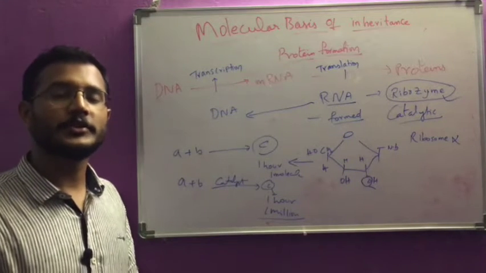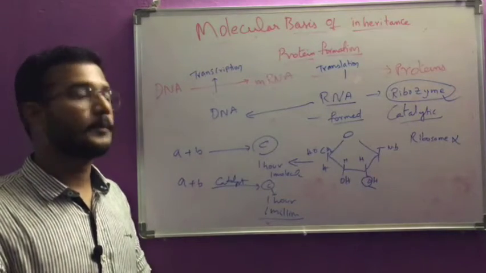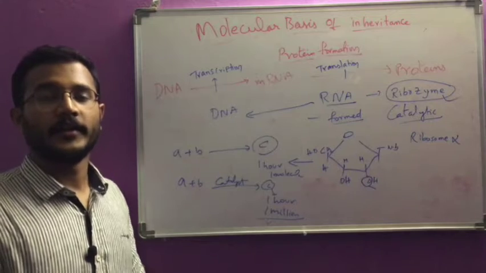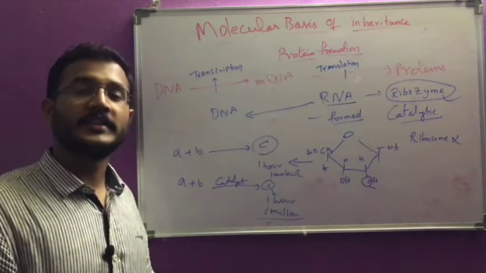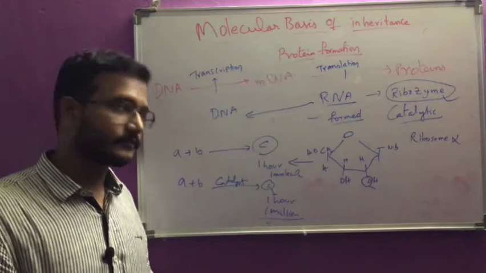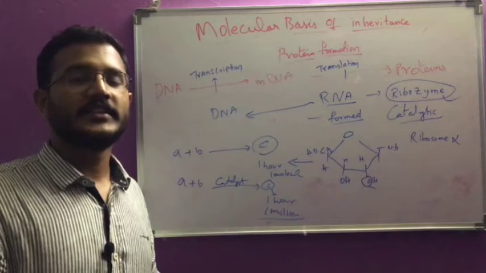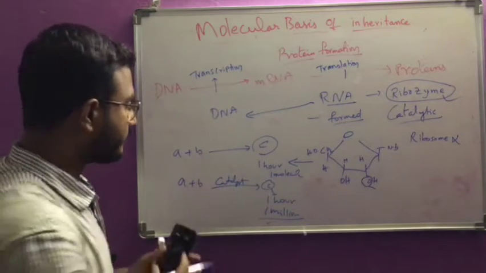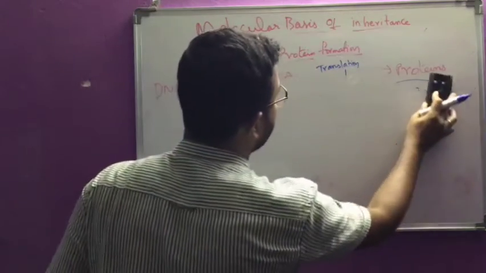And uracil also has a catalytic nature, so that's why uracil is replaced by thymine in the DNA. And DNA is double stranded and RNA is single stranded. So nature slowly selected DNA, which evolved from the RNA. This is how nature selects the DNA as the genetic material.